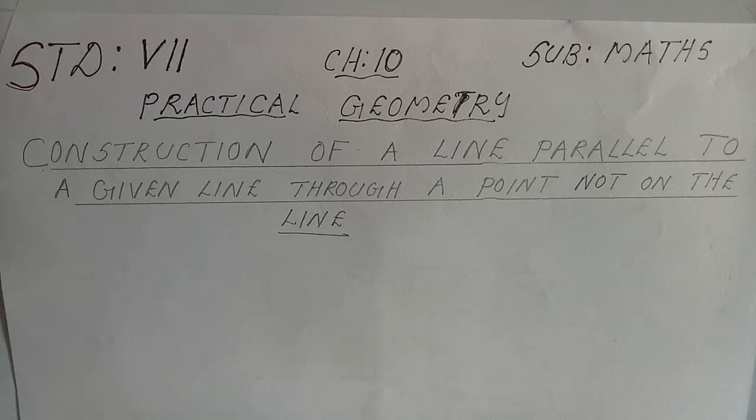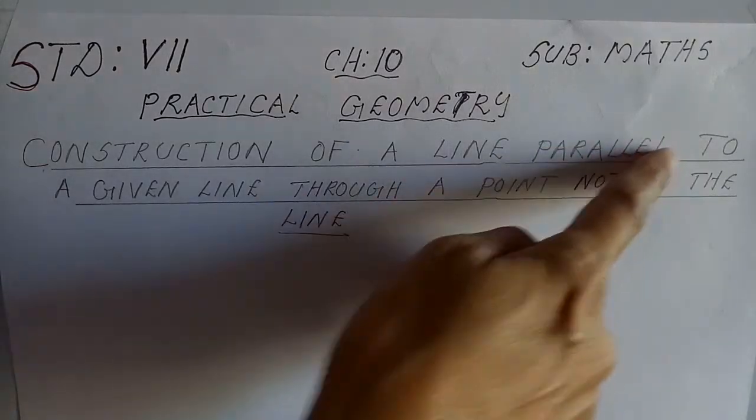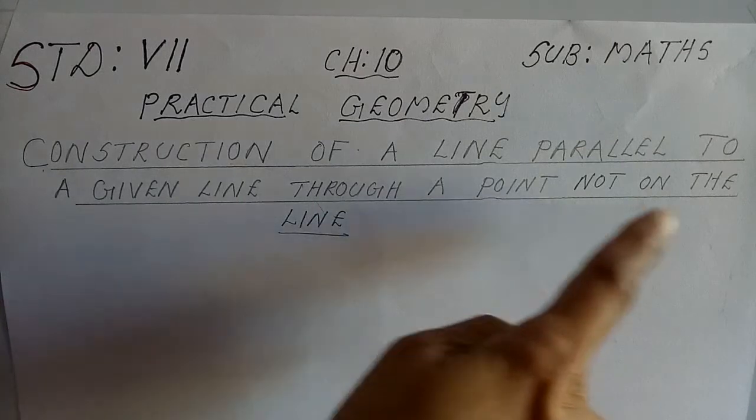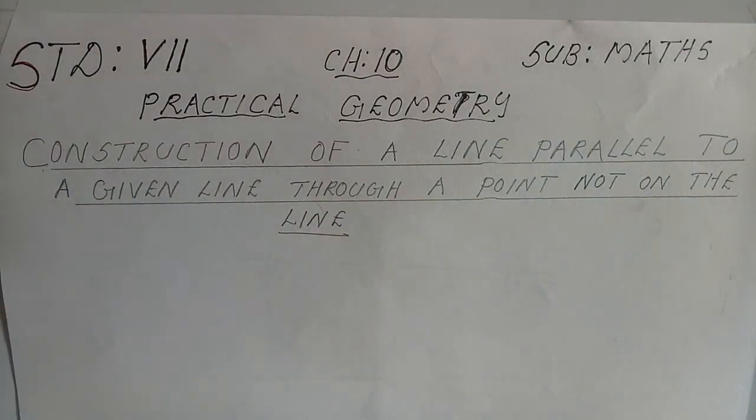First of all, we can see how to construct a line parallel to a given line through a point not on the line. Last year you have learnt how to construct an angle congruent to a given angle using compasses and ruler.